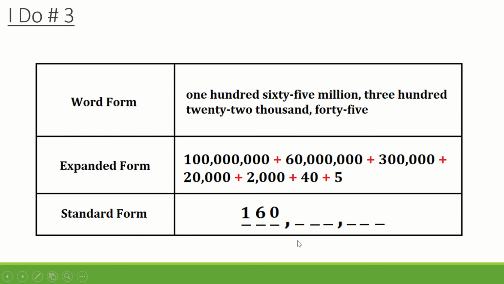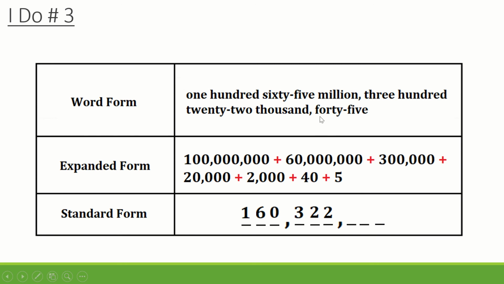For this next period, I have 322,000. So I'm going to place a 3 in the 100,000s place, a 2 in the 10,000s place, and a 2 in the thousands place. And at this point, I'm crossing into my ones period. And I can see both here, but also here, that I do not have a digit of value in my hundreds place.